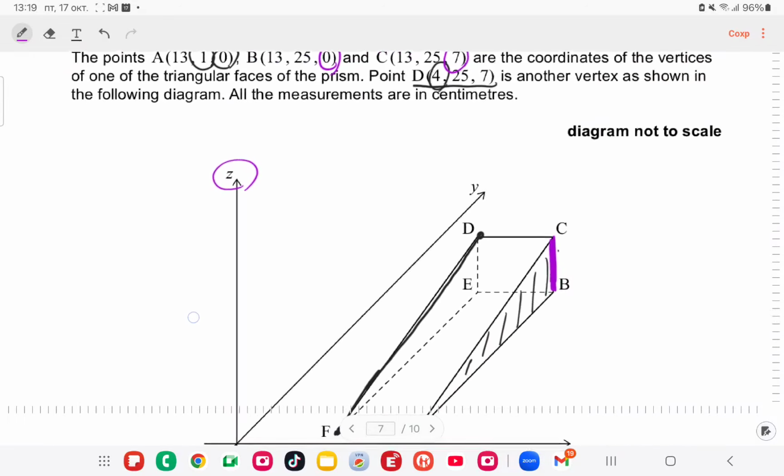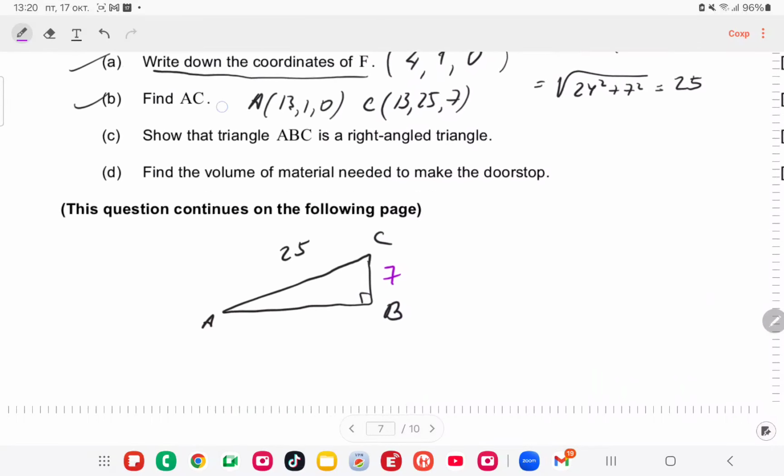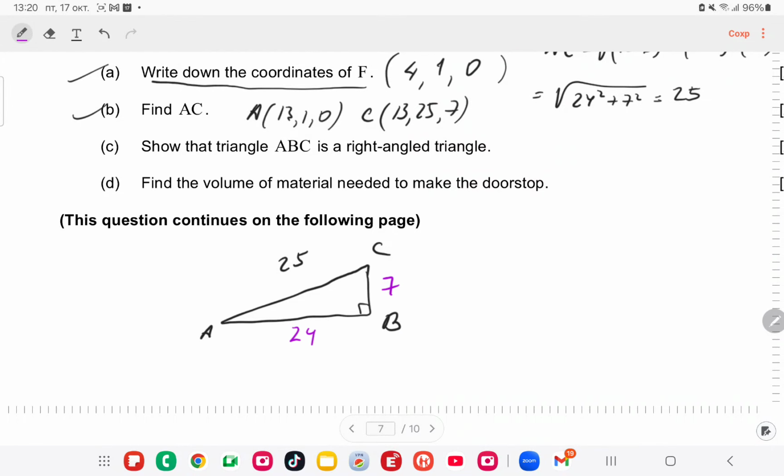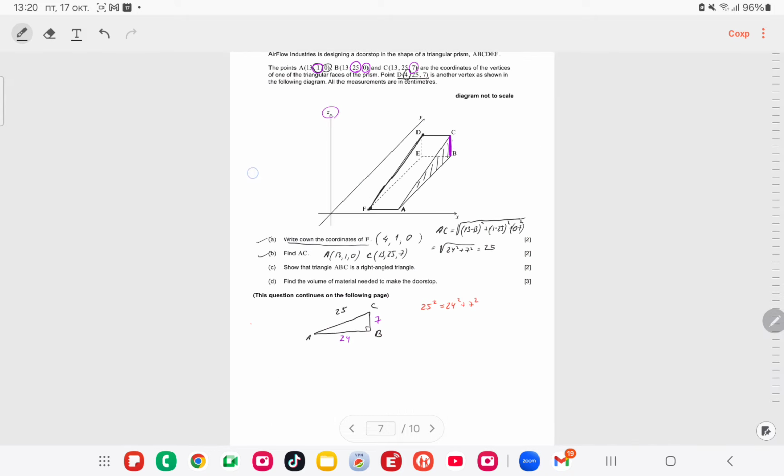It's a difference only in y of A and B. So how do 25 and 1 differ? By 24, right? Now you have the sides, and if you use Pythagoras, you will show that 25 squared is equal to 24 squared plus 7 squared. You will verify that the left side really equals the right side. It means that this triangle is a right angle triangle. Okay, now let's turn to the next part D.